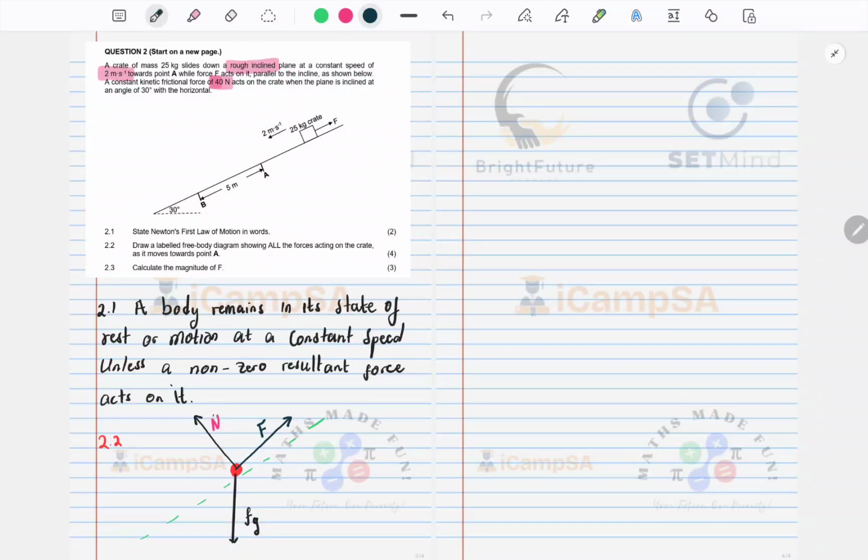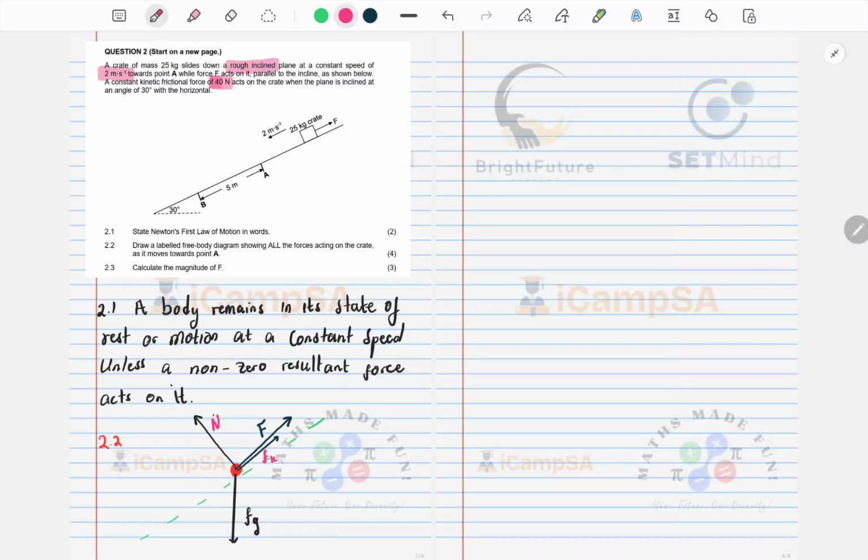That means there must be friction there, right? So since it's moving, we need Fk. This is going to be Fk here. So now we have 4 forces.